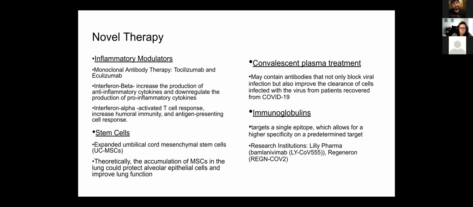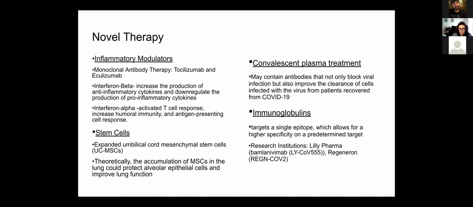The E drug is also a monoclonal antibody that binds to complement component 5. It actually blocks a pathway that later stimulates cytokine release. You also have the interferon alpha and beta, which are, as we know, a family of proteins that have an anti-inflammatory property that downregulate the production of pro-inflammatory cytokines.